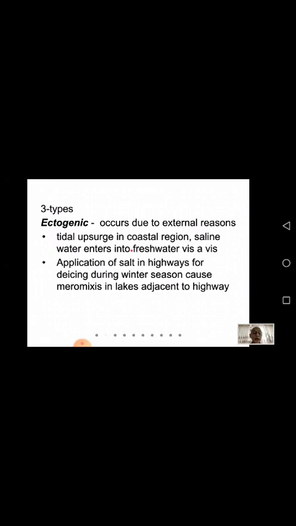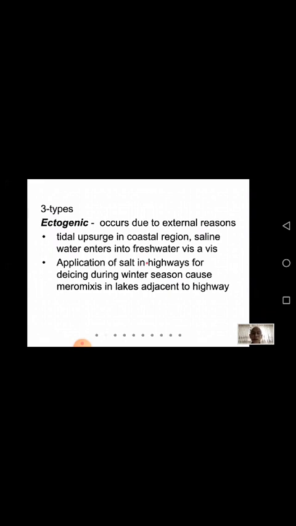And there is the application of salt on highways for de-icing during winter season, causing meromixis in lakes adjacent to the highway. And you know that in temperate countries during winter the roads become slippery because of ice formation, and for that ice a lot of salt is sprayed so that the ice melts and the road becomes clear for traffic movement.